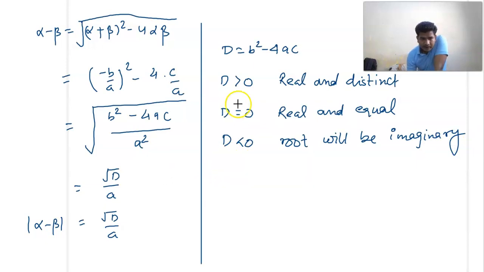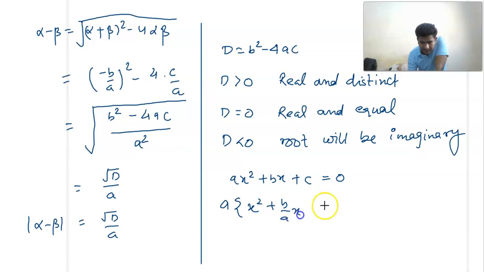If we want to find out the derivation about alpha plus beta and alpha into beta in the form of the equation, so if we have an equation ax square plus bx plus c is equal to 0, it is our quadratic equation. If we take a common, then it will make x square plus b by a into x plus c by a is equal to 0. So we already know that minus b by a is equal to alpha plus beta.